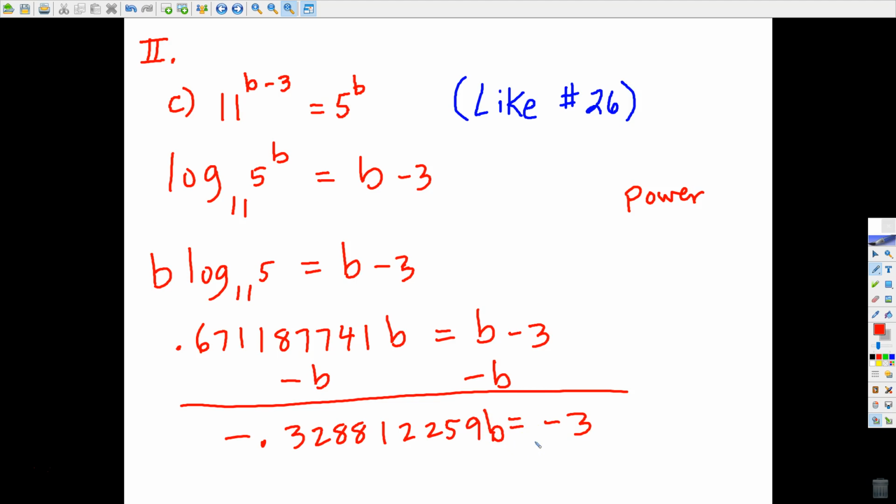Okay, so how do you think we're going to solve for b now? We're going to divide. So we're going to do negative 3, and I ran this decimal out because that's a more precise way. That's closer to the actual answer. So in your calculator, you're just going to do negative 3 divided by this decimal. Negative 3 divided by negative 0.328812259.